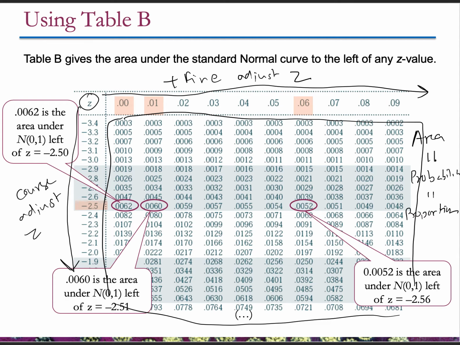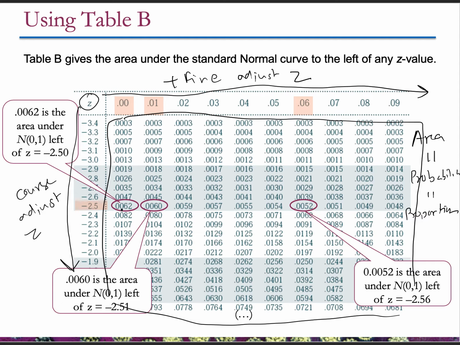So a question can ask you to find the area, or find the probability of a randomly chosen student having a score less than a particular x value, or the proportion of women with height less than a particular x value. Everything is the same.